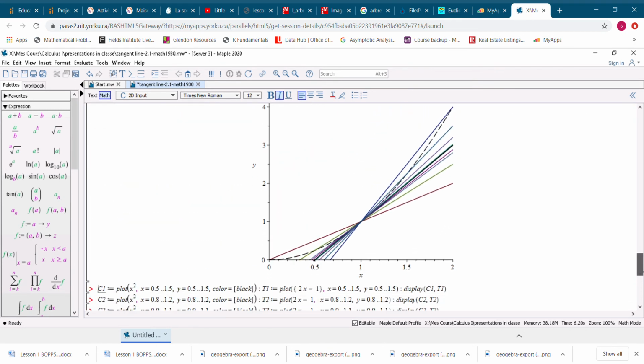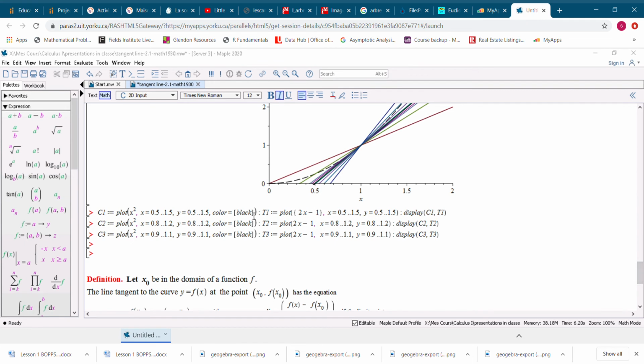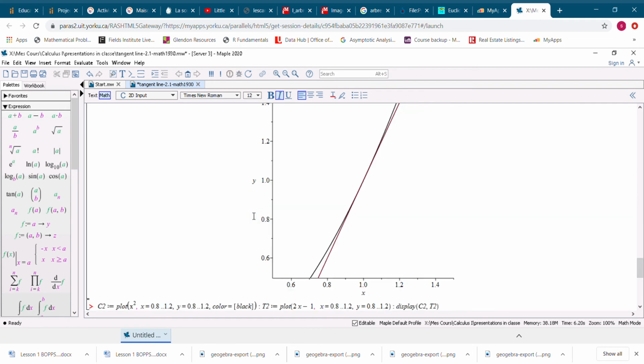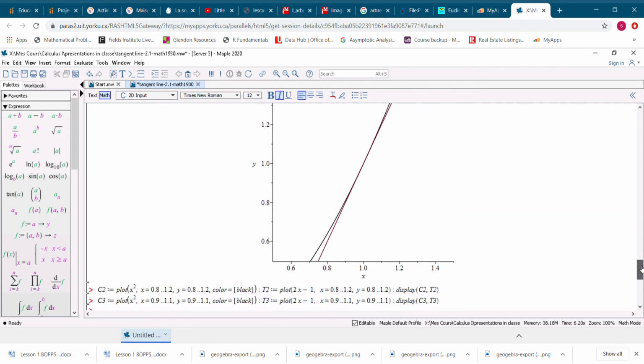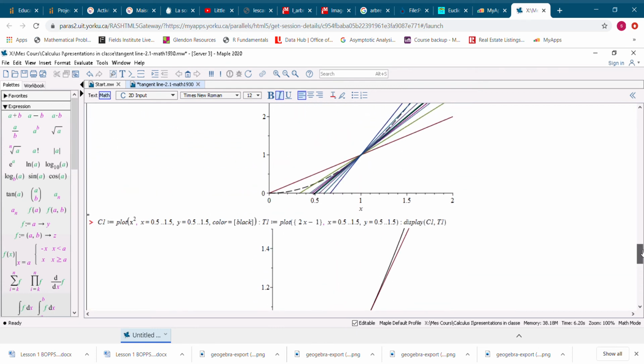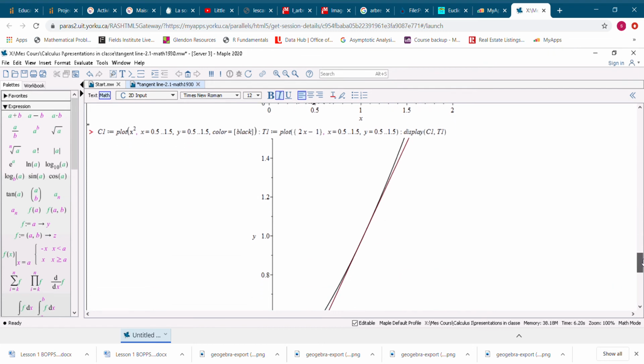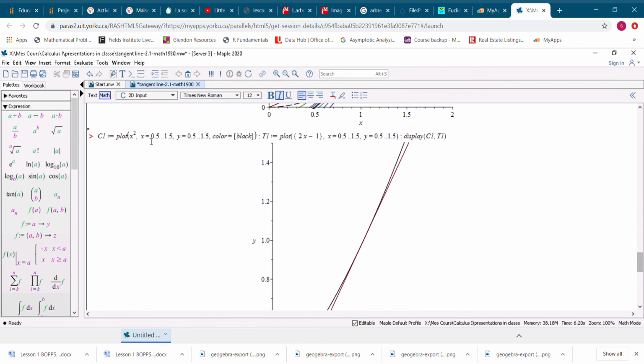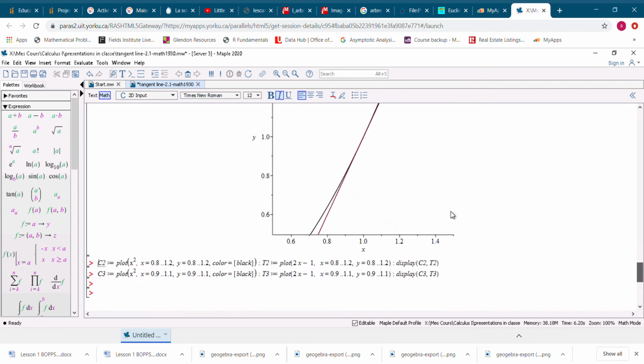So here is what is happening. Maybe we don't see it well, but the dark line is the line we found with slope 2. Now let's visualize the parabola with only the tangent. I'm restricting the domain from 0.5 to 1.5 to see how it looks.